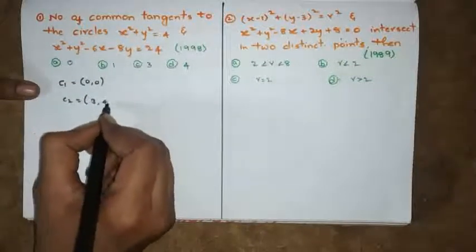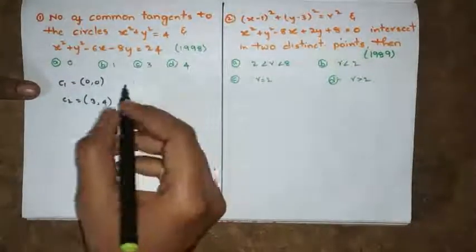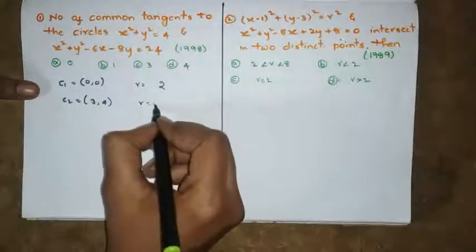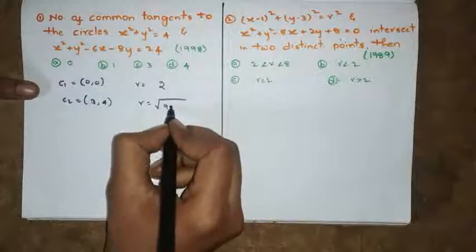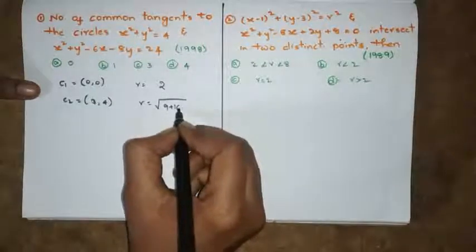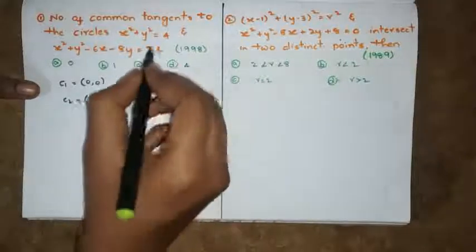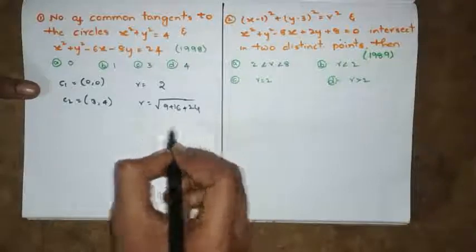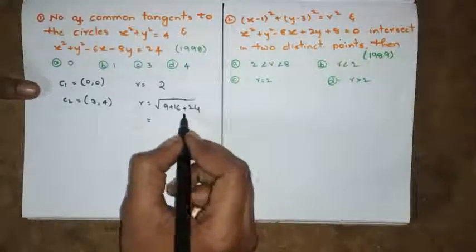I think you know how to get this. And radius will be 2. And here radius will be the square root of 9 plus 16, coefficient of g square plus f square minus C. Minus C, it will become plus 24. From this I can get 7.